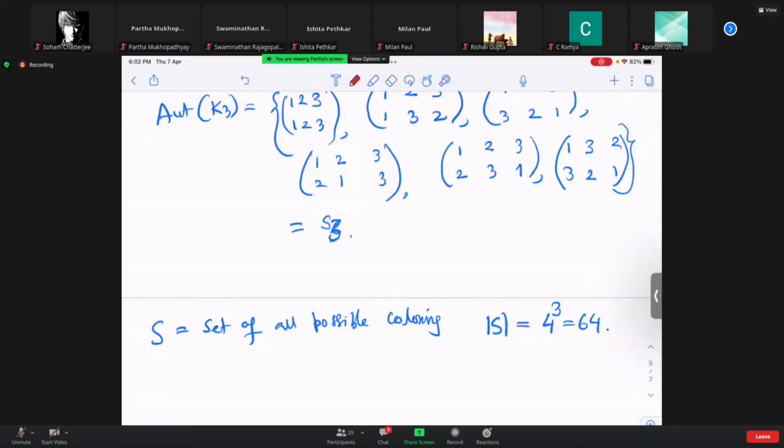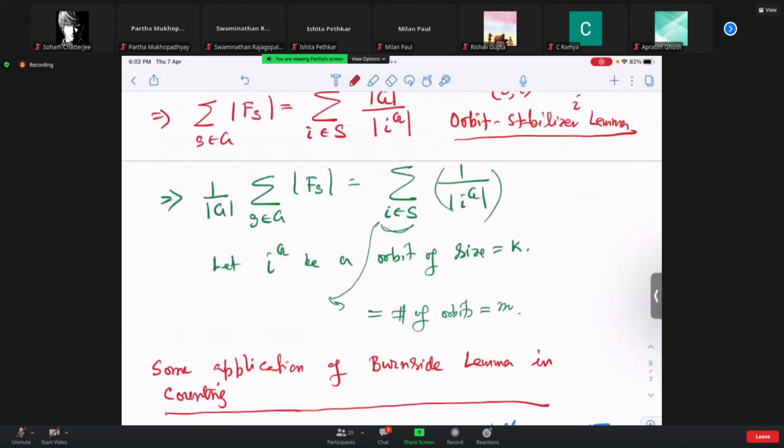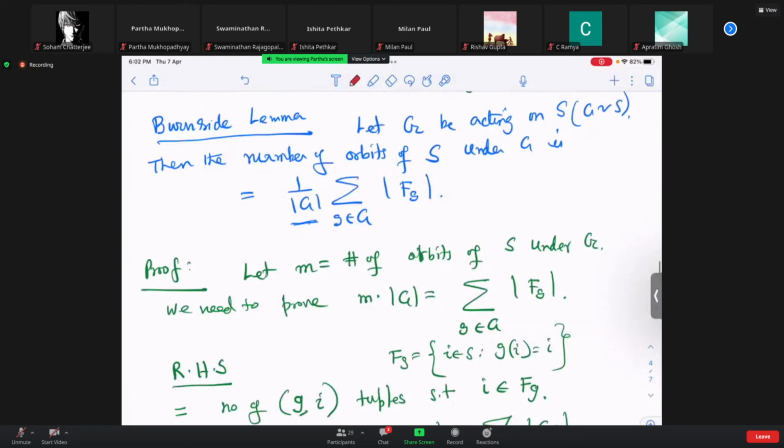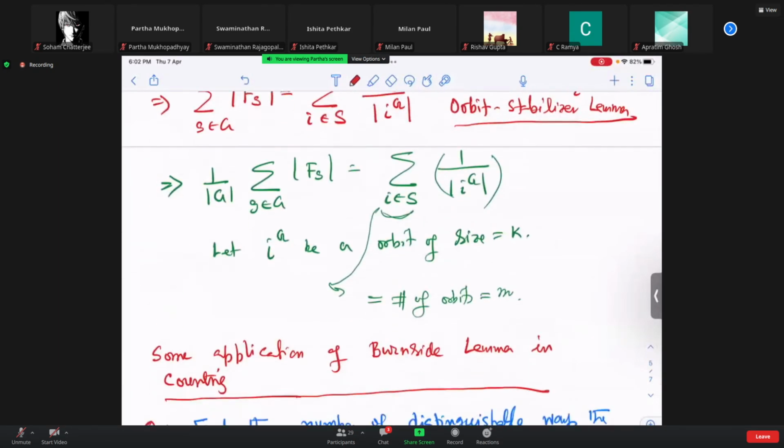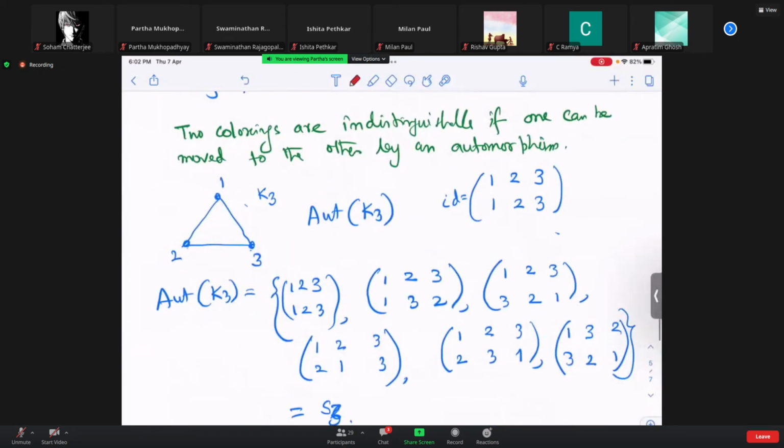Yeah, so we know this Burnside lemma at our hand, right? That's a tool we have. And this lemma gives a way to compute the number of orbits under this group action. Now this group we identified, that is the automorphism group of K3, that's isomorphic to S3. And the set is the set of all colorings, right? Yes, sir. And when do you say two colorings are indistinguishable?